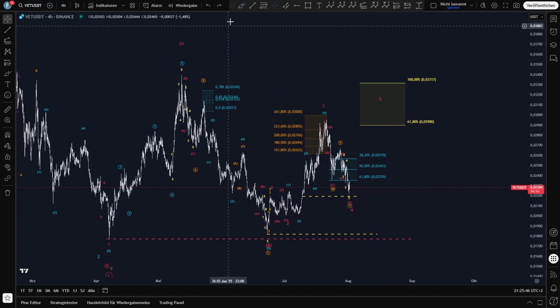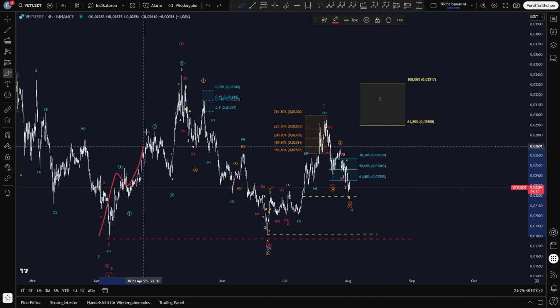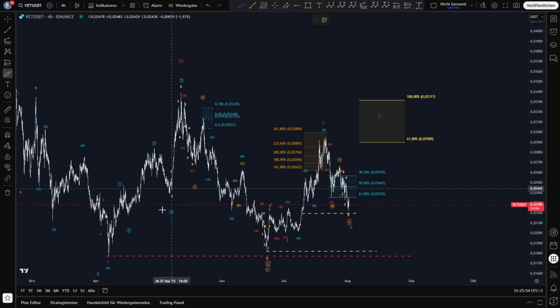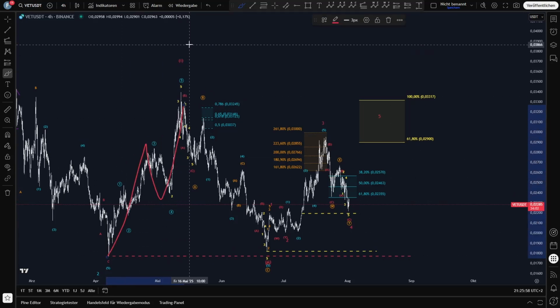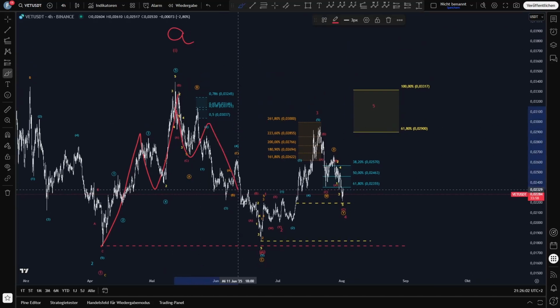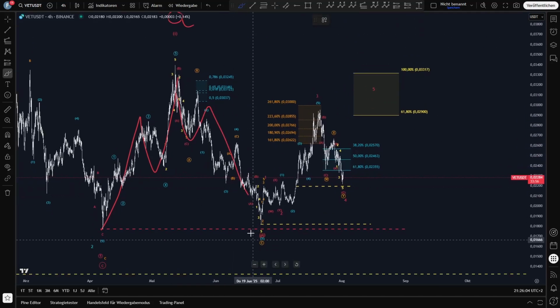But maybe, I mean, we are tracking a 5-wave move to the upside in this red wave 1 in a diagonal structure. But maybe this is only a 3-wave move to the upside in an ABC. So that's our wave A. We saw a 3-wave move in our wave B.